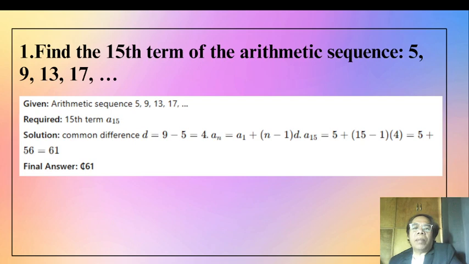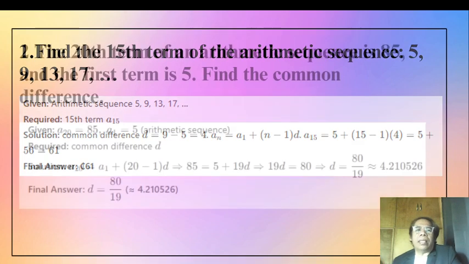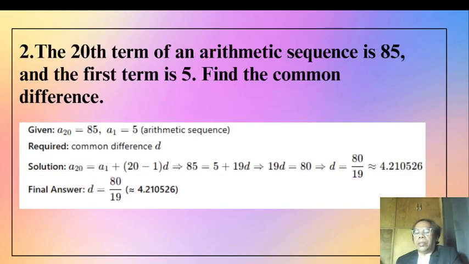And using the formula, an = a1 + (n - 1)d for the 15th term, after substituting the given data, the final answer is 61.